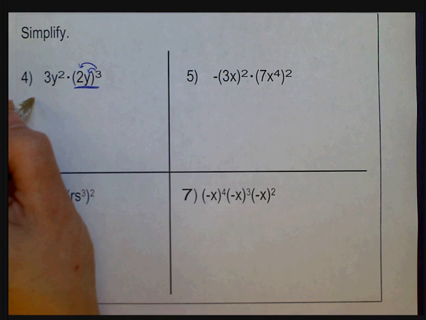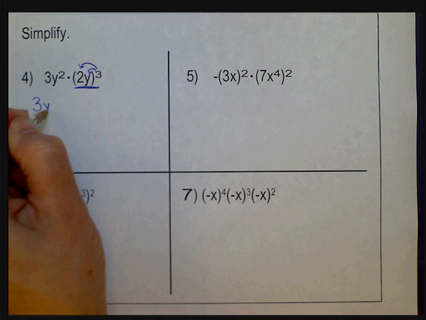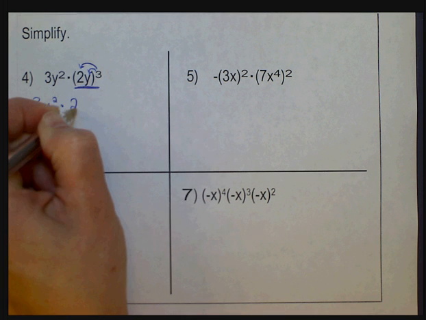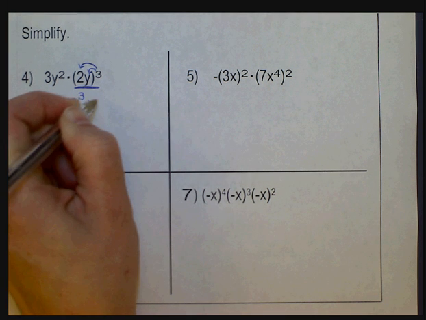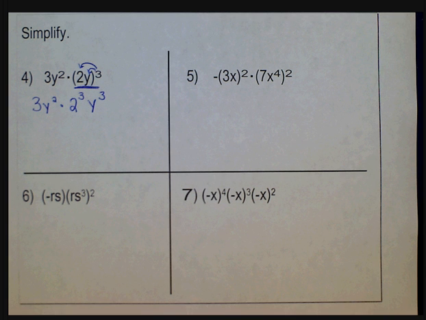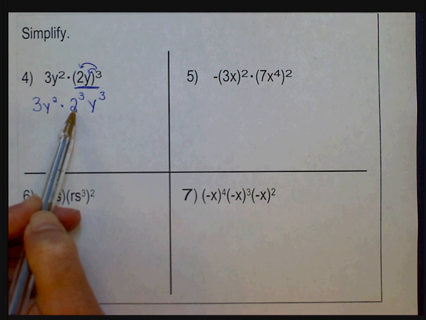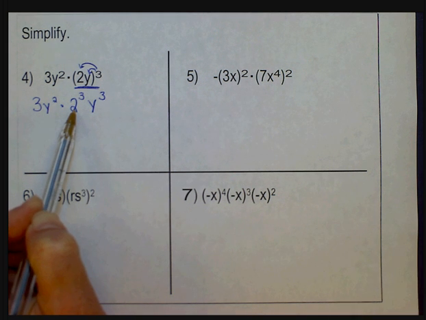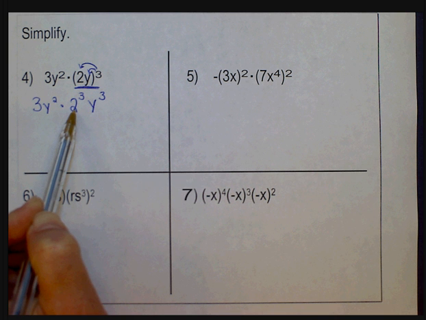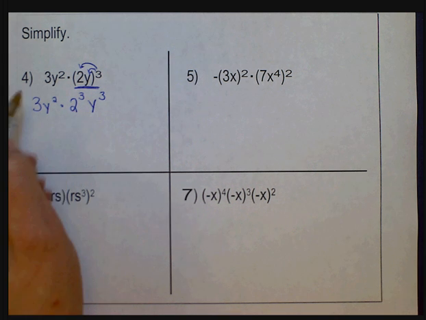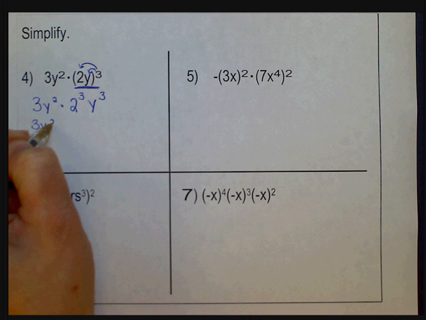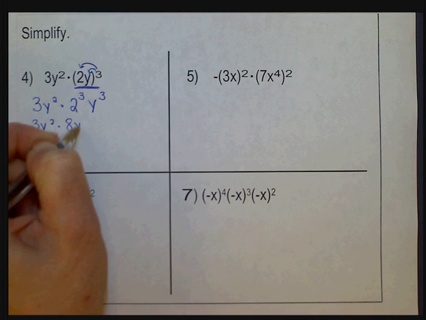So this expression now becomes 3y squared times 2 to the 3rd, y to the 3rd. All right, now I'm going to look at my numbers, and I see I have a 3 and a 2 to the 3rd. I'm going to evaluate 2 to the 3rd. I want to know what it is. So 2 times 2 is 4, and 4 times 2 is 8. So this becomes 3y squared times 8y to the 3rd.